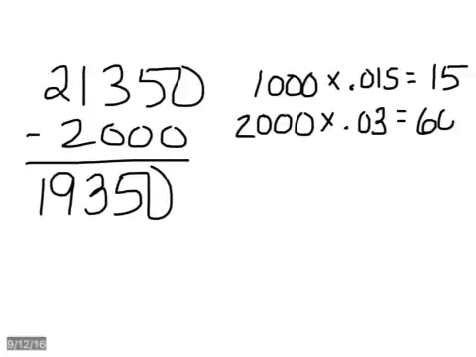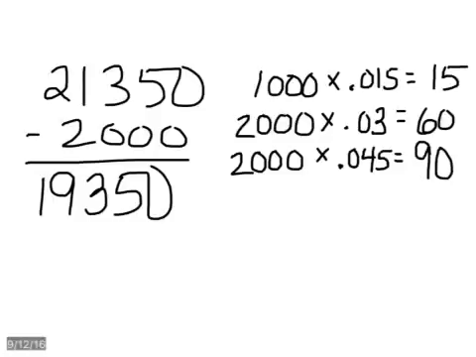Then on the chart it says the next $2,000. So right now if I'm adding these numbers up, 1,000 plus 2,000 plus 2,000 is 5,000. Has Eddie made more than $5,000 in the year? Yes. And that's at 4.5%. So how much money is that? 90.